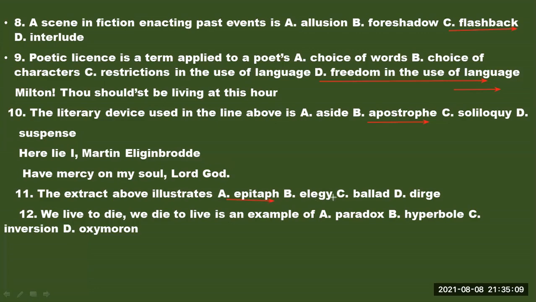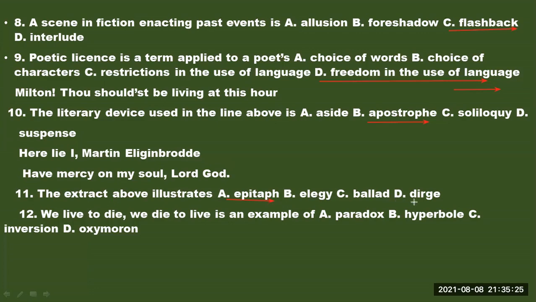Now, an elegy, as earlier mentioned, is a poem of lamentation, a poem of mourning. A ballad is a kind of song that is a different type of poem.